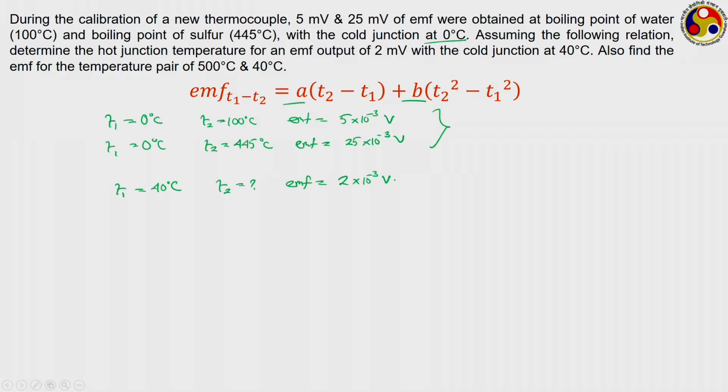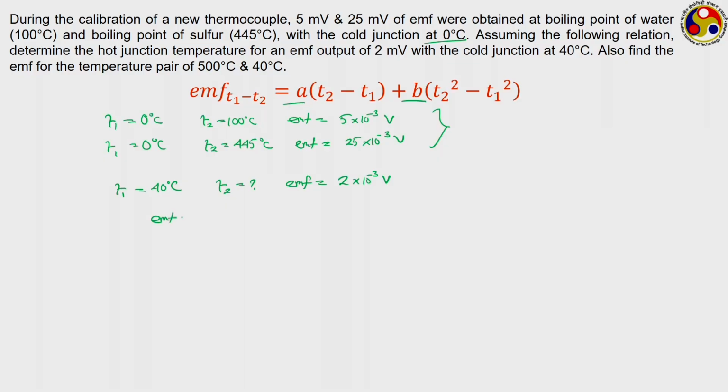Now, the question is, the calibrations were done corresponding to 0 degree Celsius, so how can we make use of this? We could have directly obtained the value, but there is a better way of doing this. I hope you remember the laws of thermocouple that we discussed in the previous lecture. Here we shall be using the law of intermediate temperature.